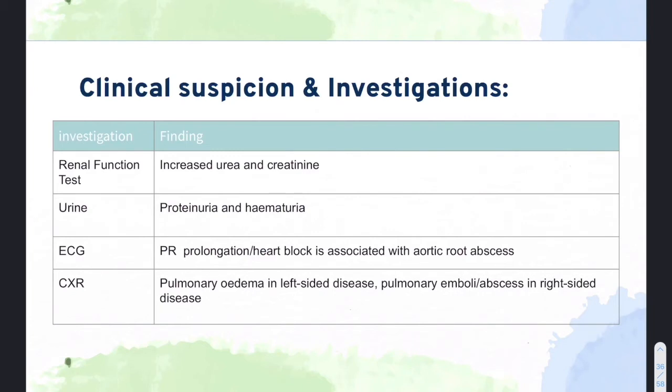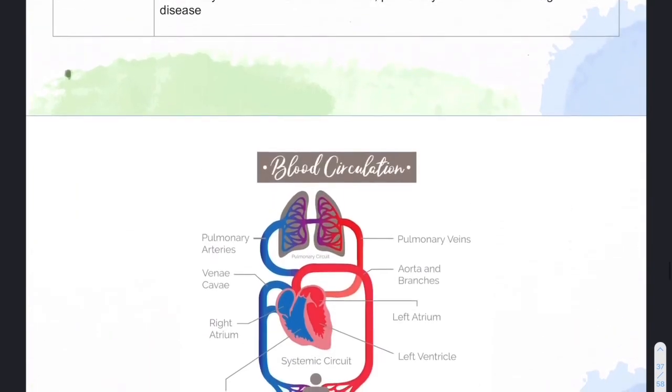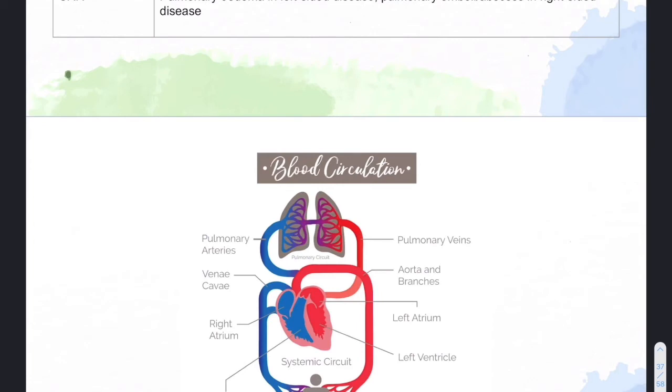There might be chest X-ray findings: pulmonary edema in left-sided disease, and pulmonary emboli or abscess in right-sided disease. I want to clarify why. For right-sided disease, the vegetation detaches and travels to the pulmonary circulation, which leads to pulmonary emboli and abscess.